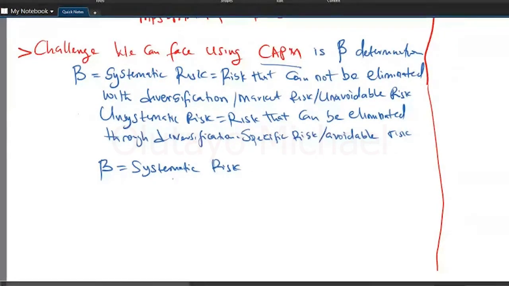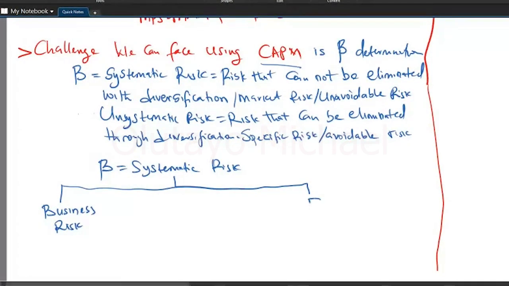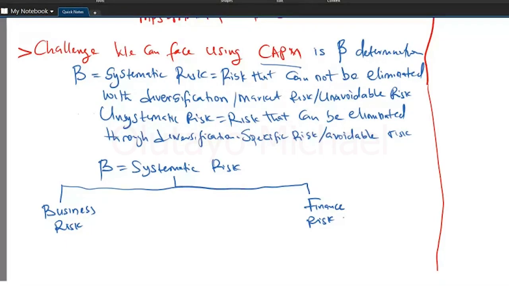Now, this beta is divided into two. This systematic risk can be divided into two, which is business risk and finance risk. Now, some schools of thought can also use business risk and finance risk to explain unsystematic risk, but that is not our focus tonight, right?